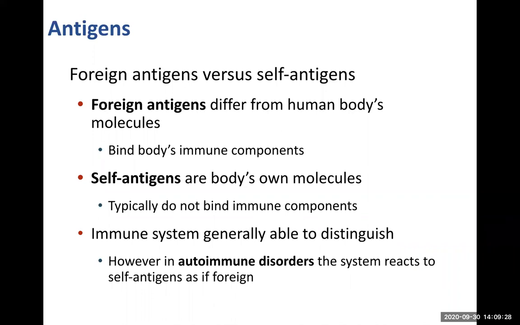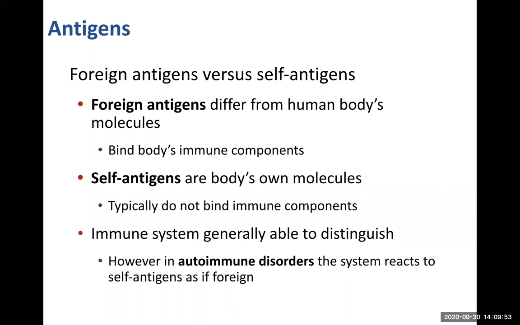Autoimmune diseases are diseases that are due to the fact that our bodies are seeing self-antigen as foreign, and as such, we start to attack our own tissues. That is why autoimmune diseases are so difficult to treat.